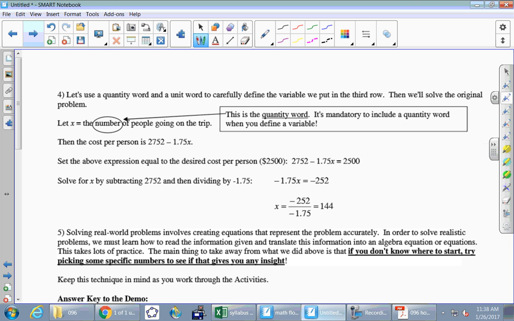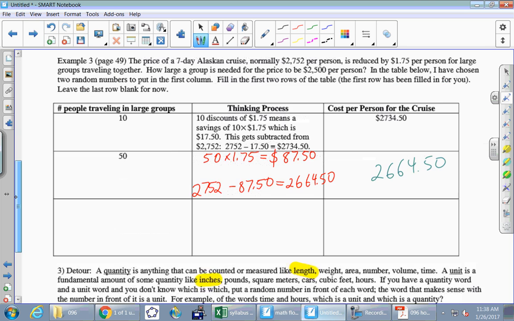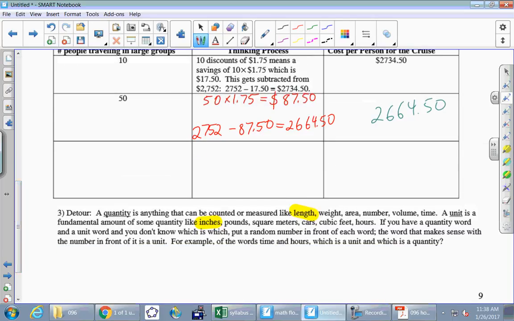Okay, if we go back to our table, what we've just decided is that we're going to try to make this leap between the easy numerical calculations with 10 and 50 people and the much more challenging abstract concept of x, where x is the number of people. We've already done the calculations a couple of times with specific numbers, so let's see if we can follow the pattern that we established up here.